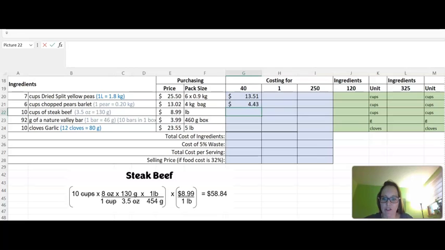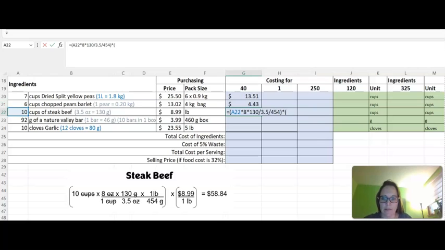Following our written calculations for our steak beef, we're going to press the equal sign and open bracket. We're going to click on our 10, and then we're going to multiply by 8, and then multiply again by 130, divided by the 3.5, and divided by 454, close the bracket, and then we're going to multiply by our price per unit.